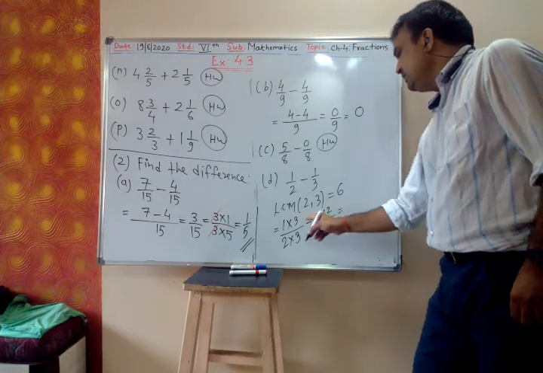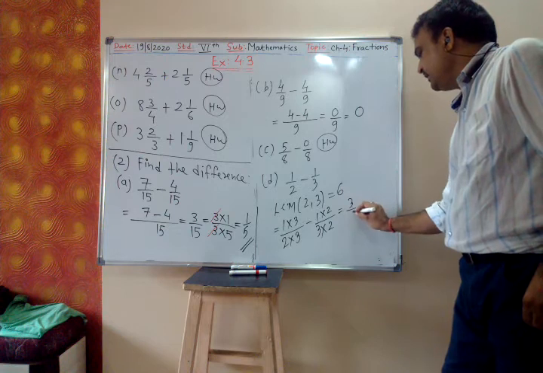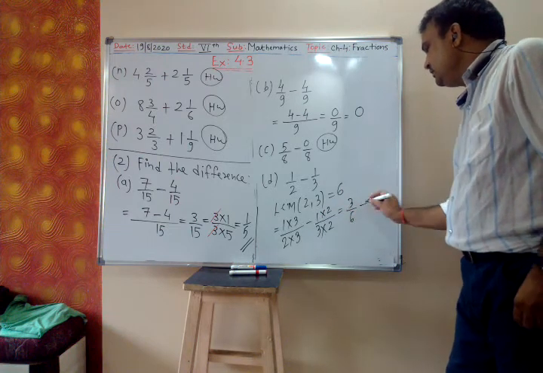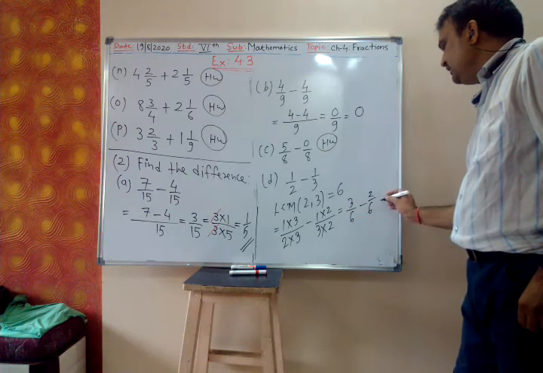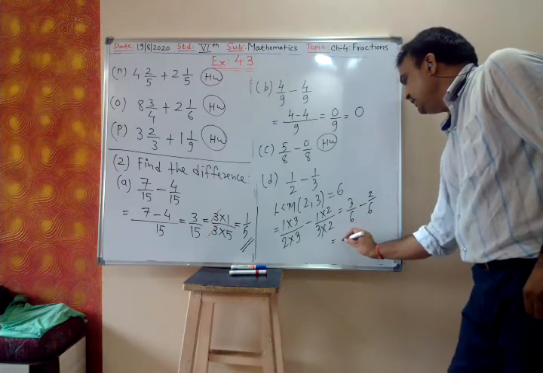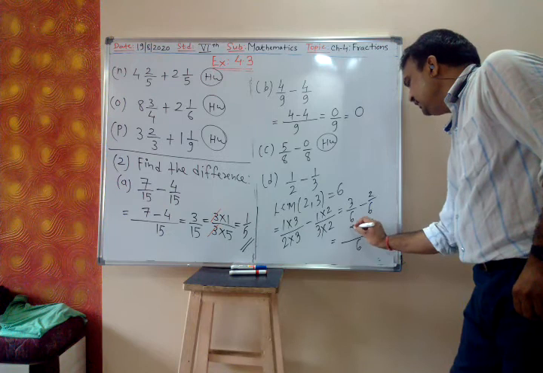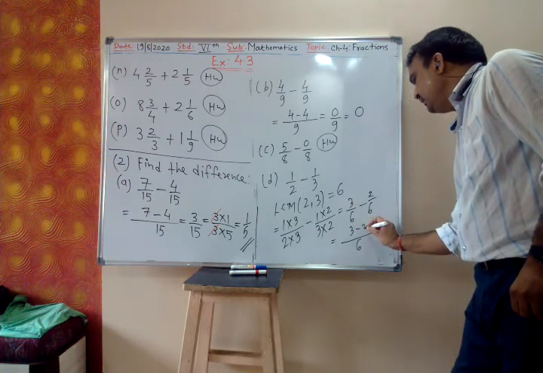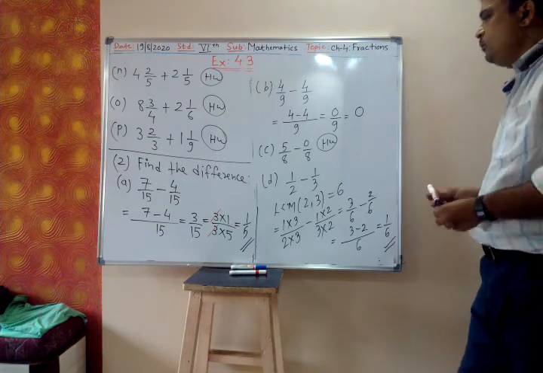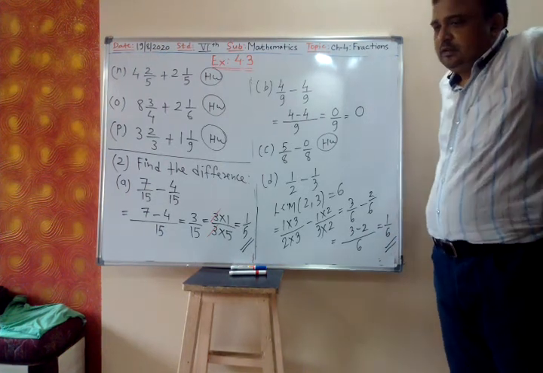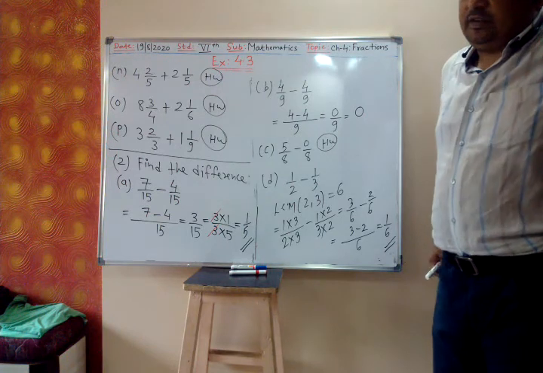So that is 3 upon 6 minus 2 upon 6. Now they are like fractions, so I can take denominator 6 common, and then it is 3 minus 2, which is 1. The answer is 1 upon 6.